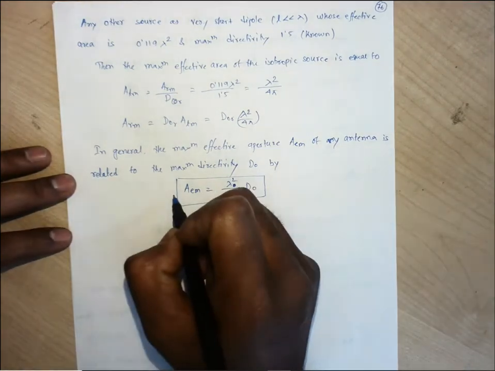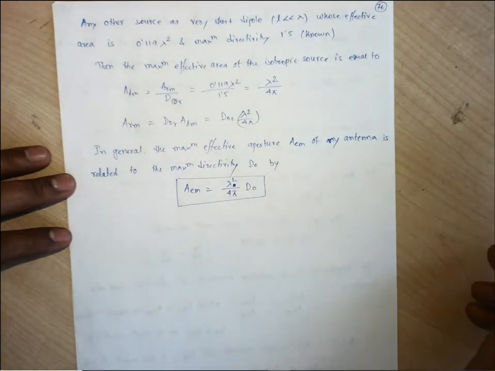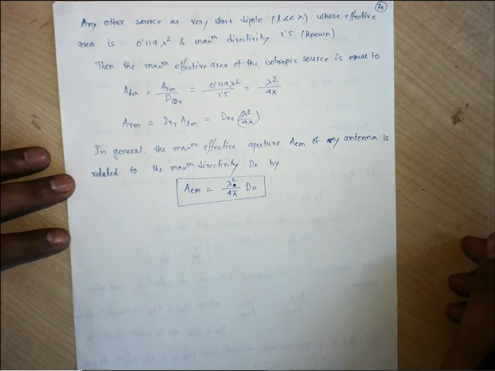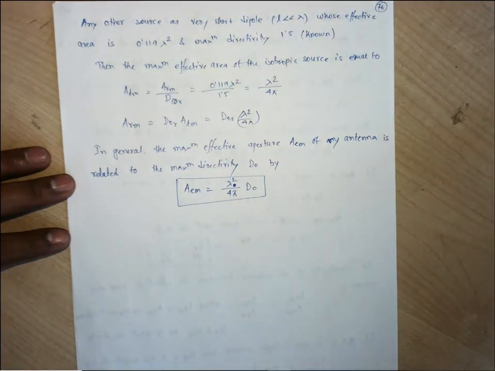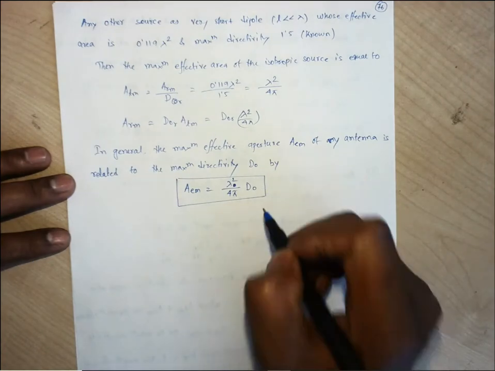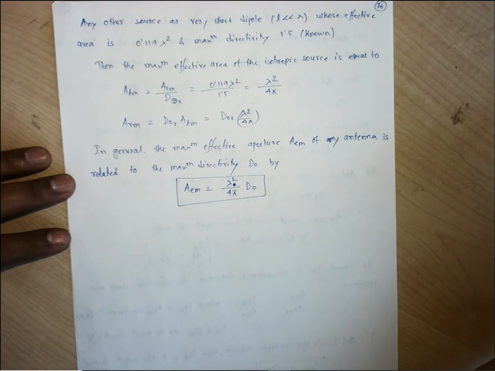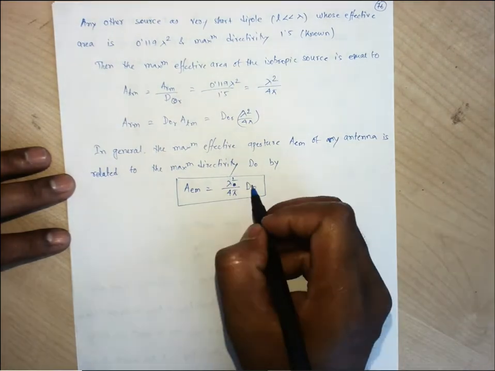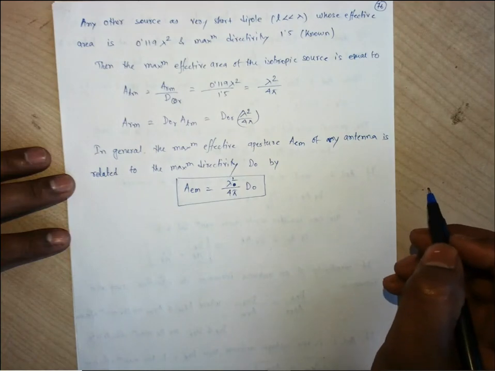The transmitter is almost an isotropic source. The transmitter can transmit in every direction. So depending upon the directivity of the receiver, it can always receive some signal. So that directivity will give us the amount of effective area.